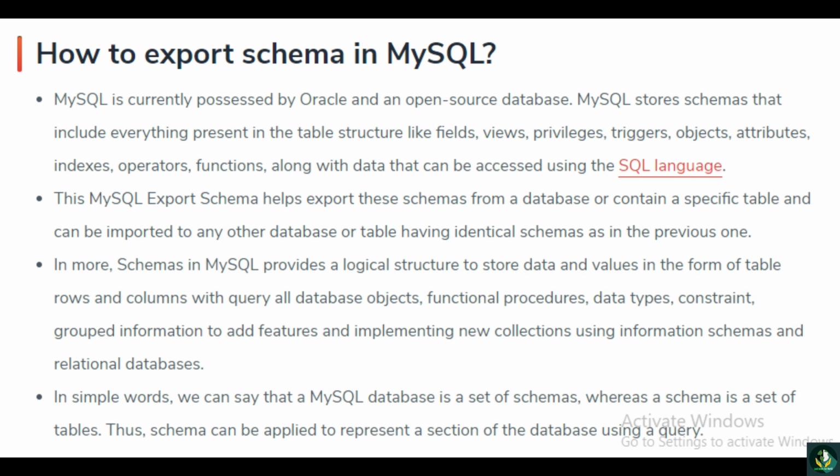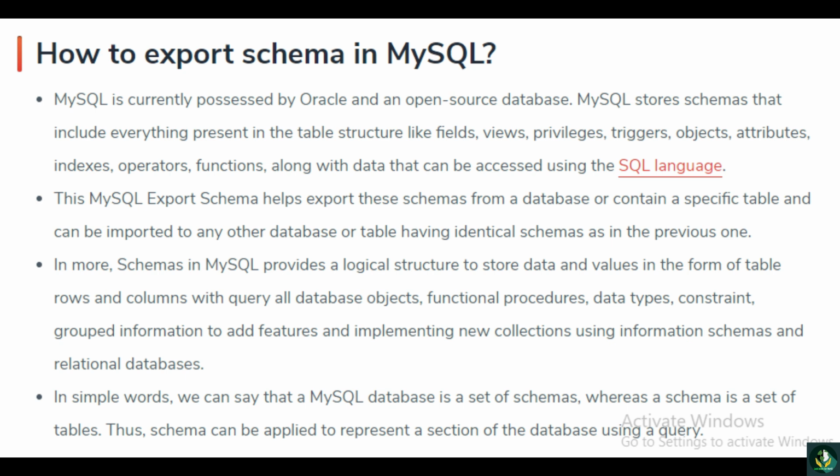This MySQL export schema helps export the schemas from a database or a specific table and can be imported to any other database or table having identical schemas as the previous one.